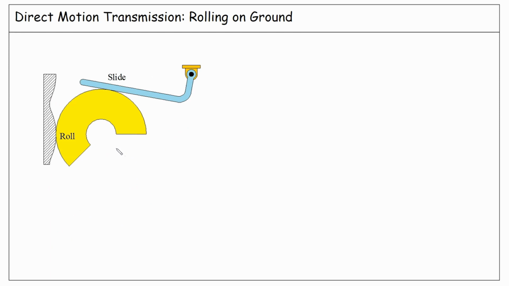In the last example, there is a sliding contact here between links 2 and 3. And there is a rolling contact here between link 3 and the ground. Number 1 is reserved for the ground wherever it is, here and here.